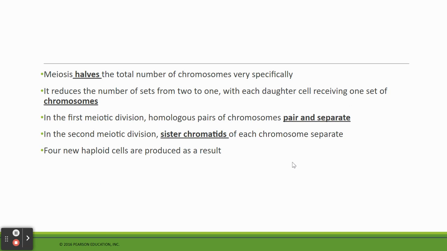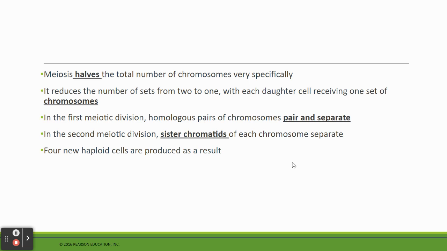So the goal of meiosis is to have the total number of chromosomes very specifically. It's going to reduce the number of sets from 2 to 1, with each daughter cell receiving 1 set of chromosomes. In the first meiotic division, homologous pairs of chromosomes are going to pair up and then separate.